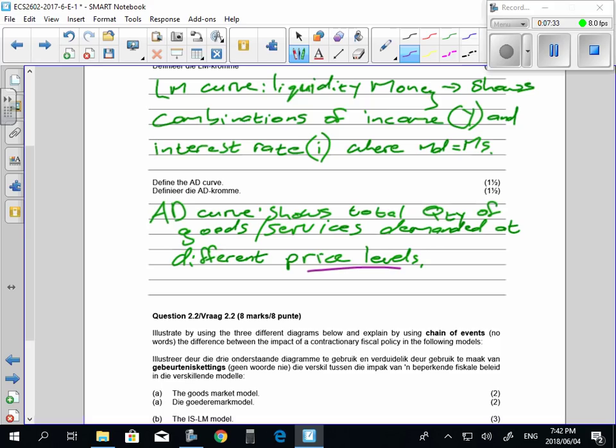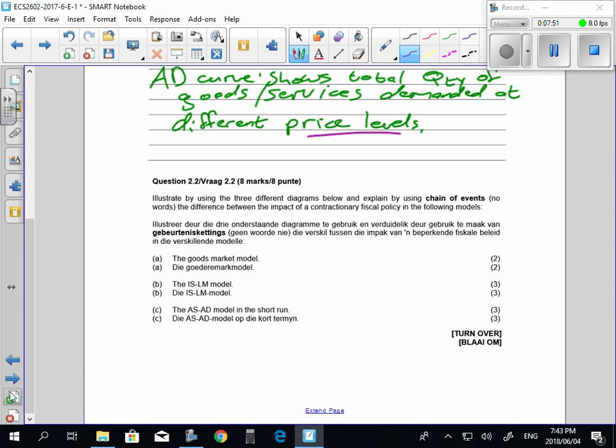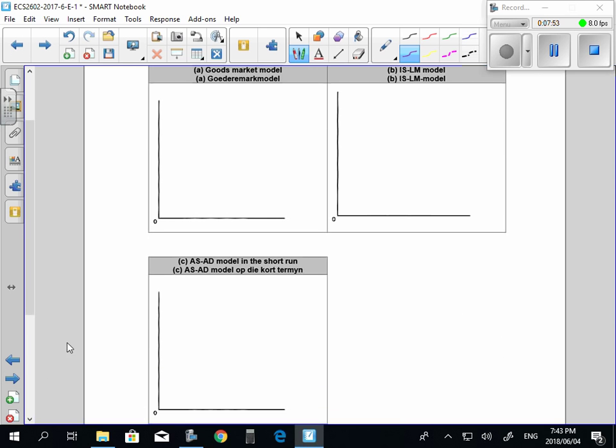Question 2.2. Illustrate by using 3 different diagrams below and explain using a chain of events the difference between the impact of a contractionary fiscal policy in the following model. So, in the first one, we've got our goods market model.